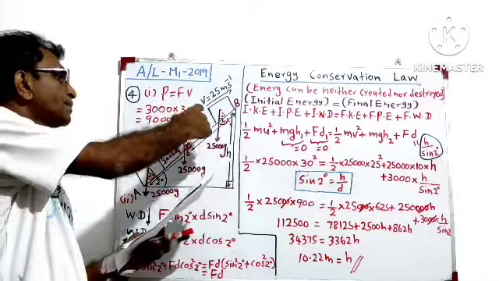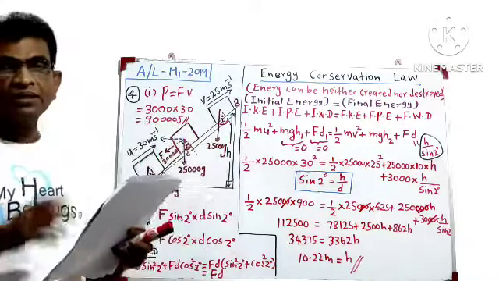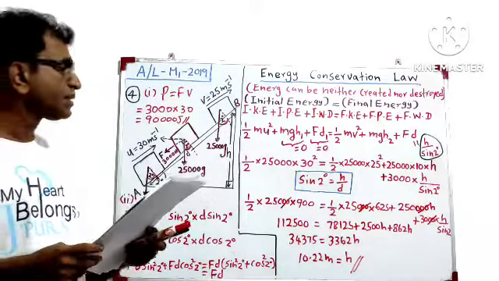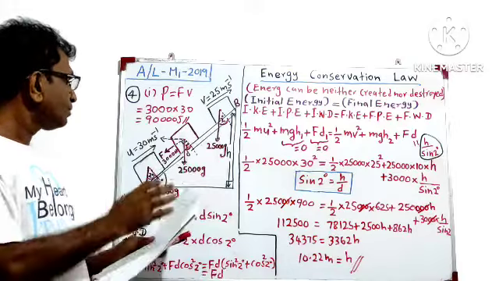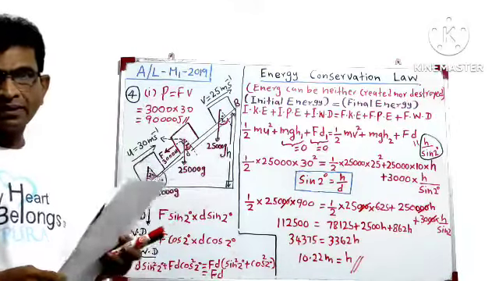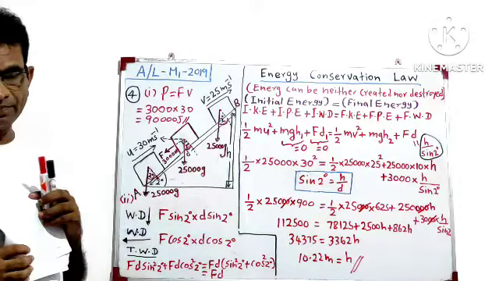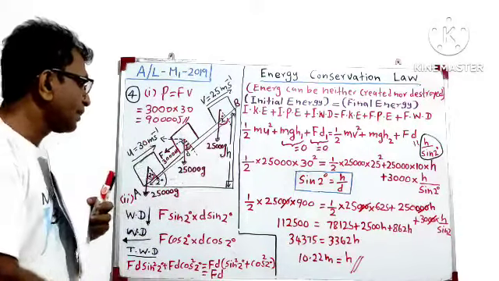It climbs up to the top. What is the speed of the vehicle? 20 meters per second. Now we can mark the speed like this. This is the free body diagram.